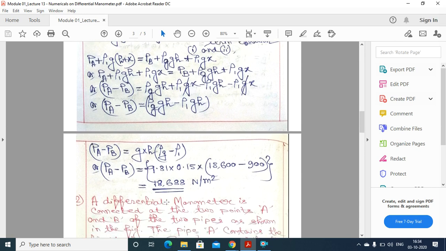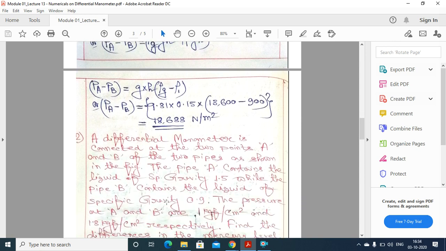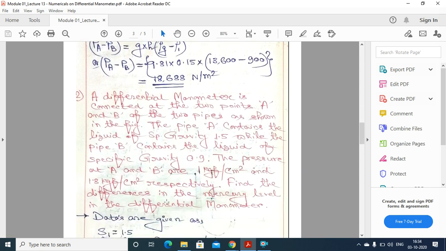Okay. Now coming to the next problem: a differential manometer is connected at the 2 points A and B of the 2 pipes as shown in the figure. I will show you the figure later on.